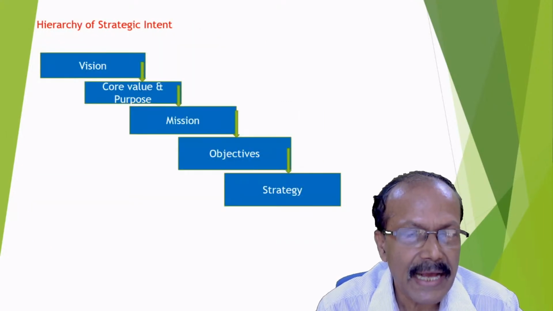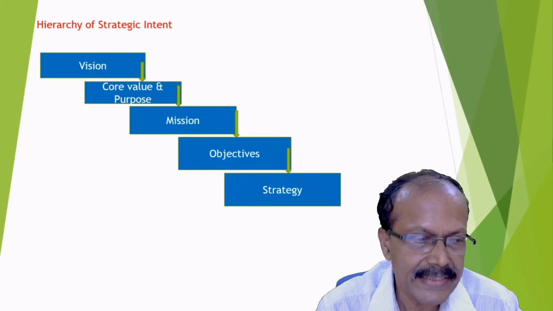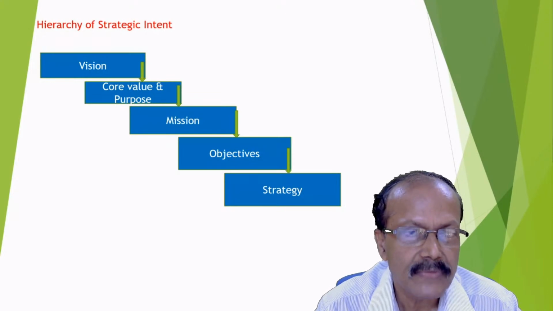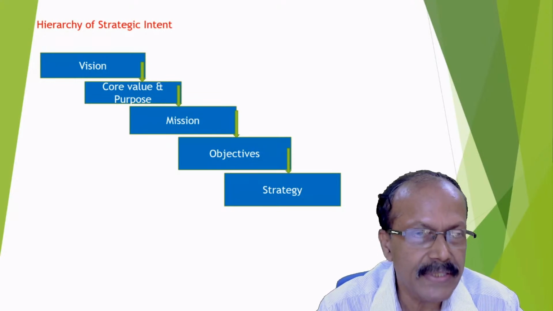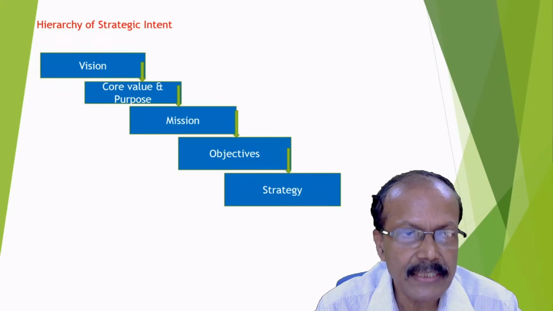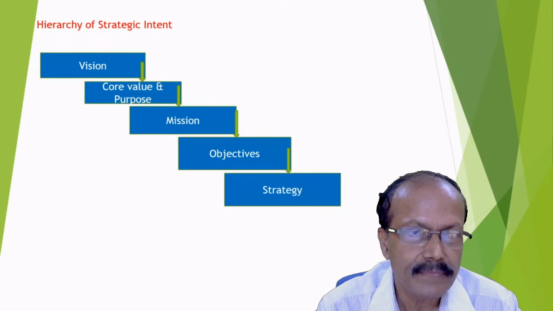If you see the hierarchy of strategic intent, first, based on the vision, which is elaborated in the vision statement, the company's future plan will lead to deciding the core values and the purpose.